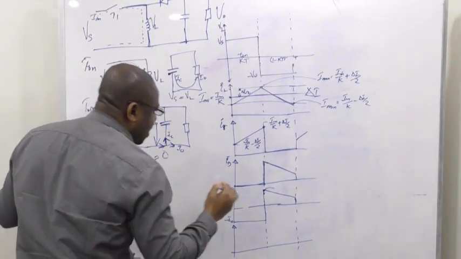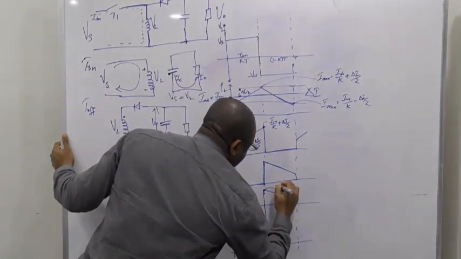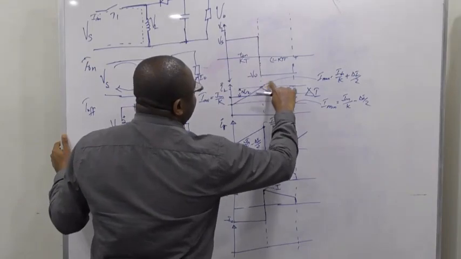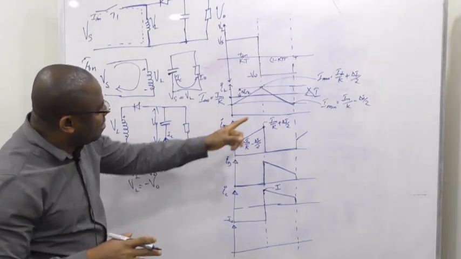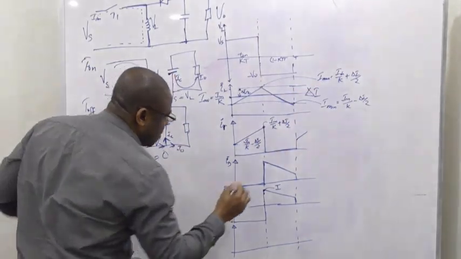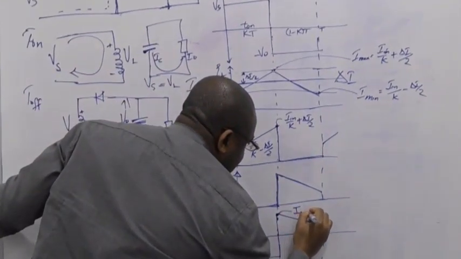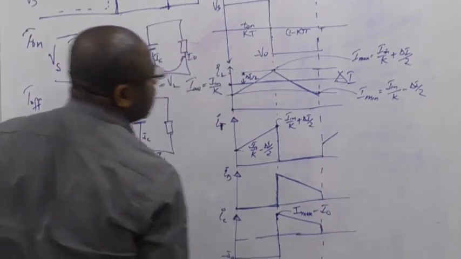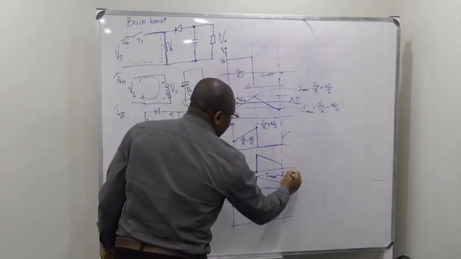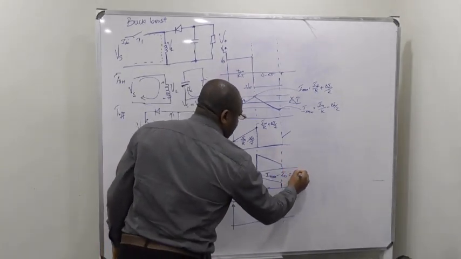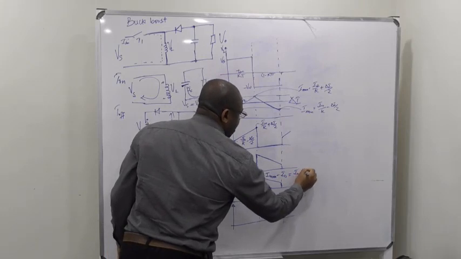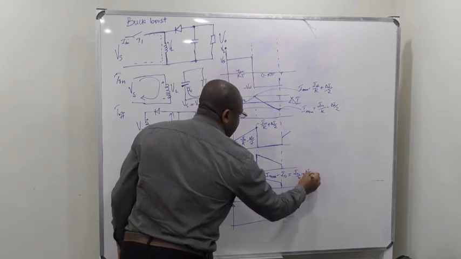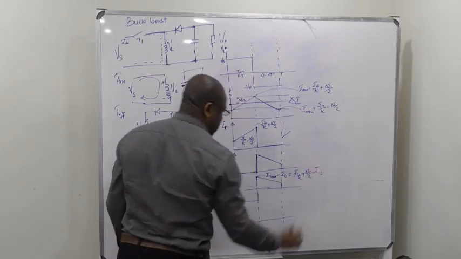That is I in max minus IO, which is I in over K plus delta I over 2 minus IO.